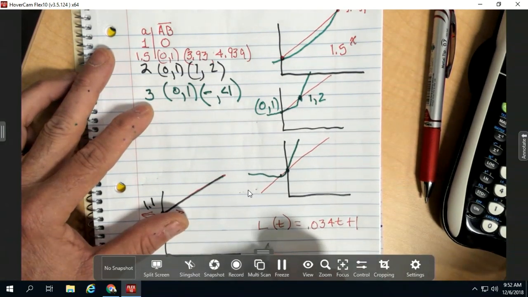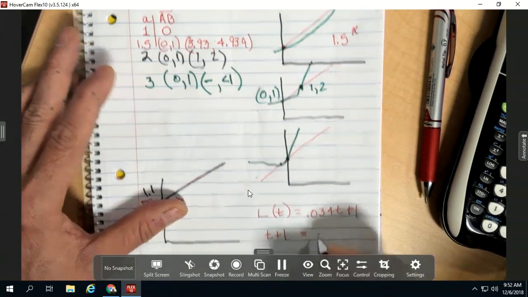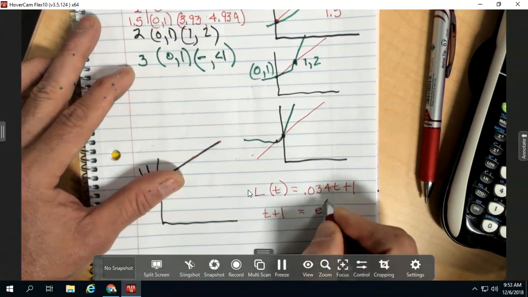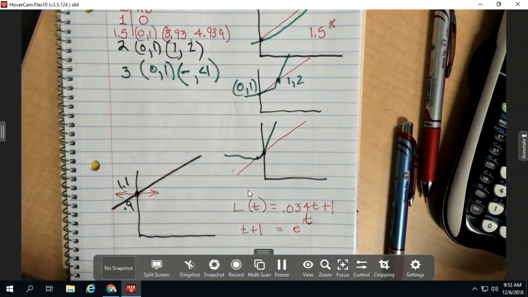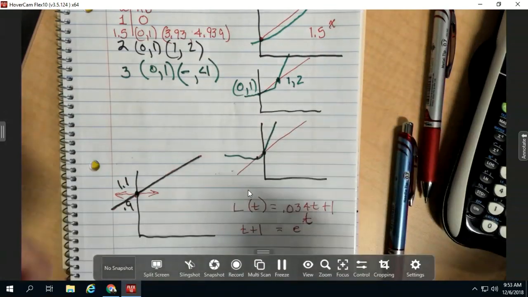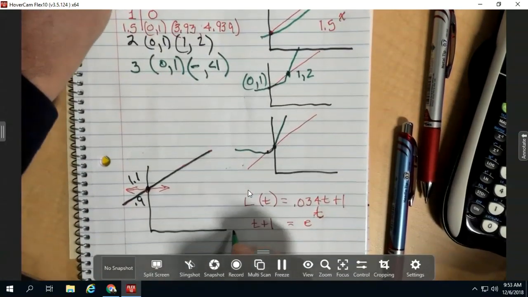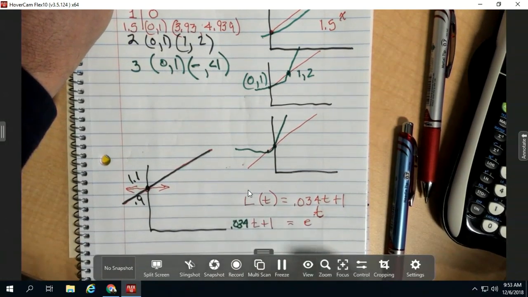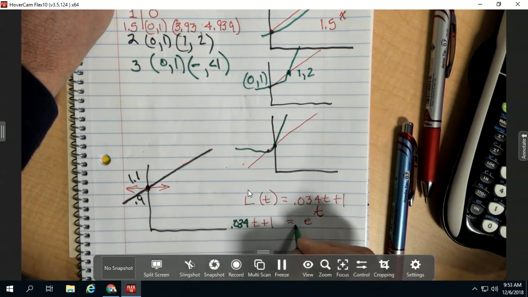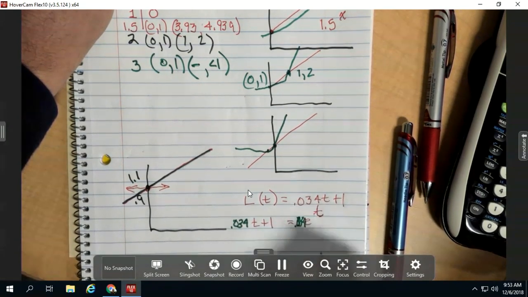So we can say t plus 1, which we know has to be equal to e to the t. The only way that's going to work is if we multiply this by 0.034, which means this also has to be multiplied by 0.034.